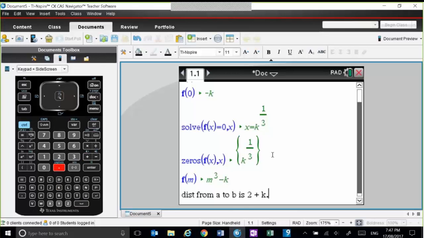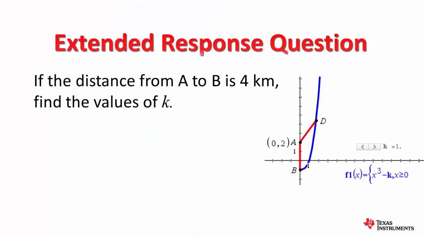Now we might need that next, so let's go back to the question. It now says that the distance from A to B is 4 kilometres. Find the value or values of K.